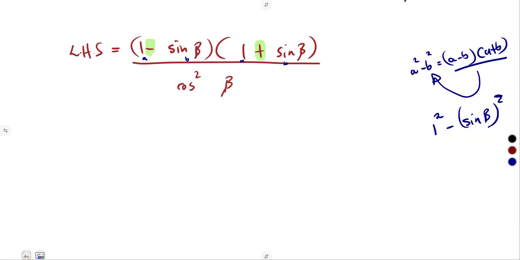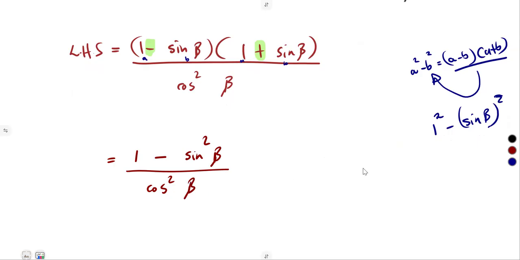So 1 minus sine squared of beta, everything over cos squared of beta. So this is where we are.